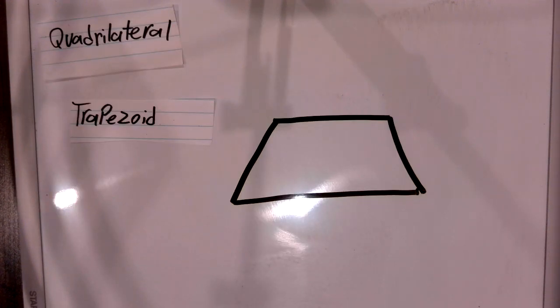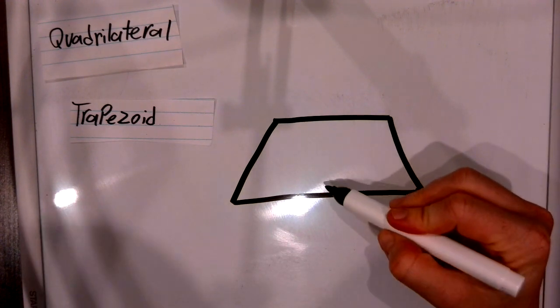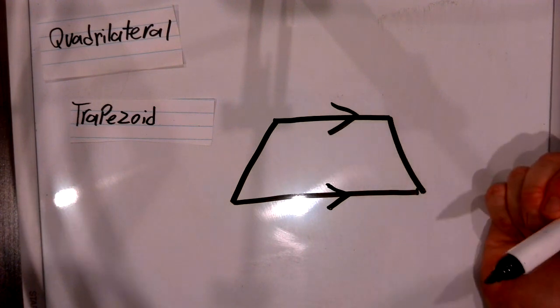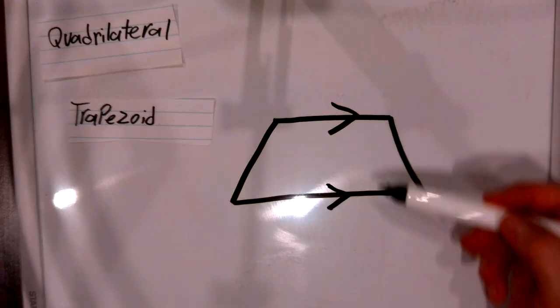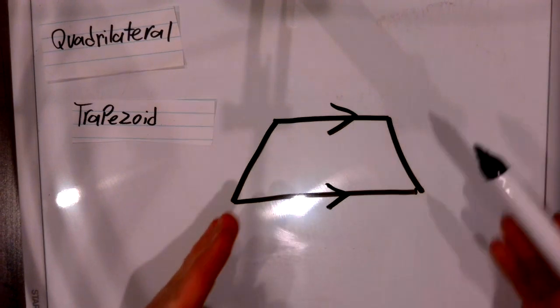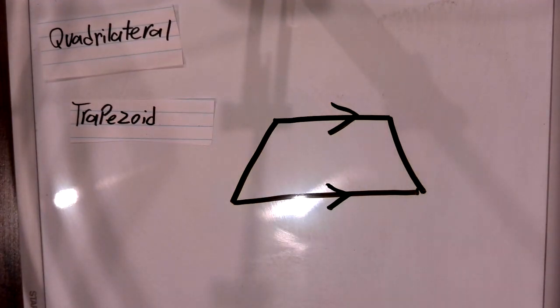A trapezoid is a quadrilateral with four sides, one pair of sides that are parallel. When lines are parallel, we mark them so that we know that they're parallel. These two lines are parallel, but these are not. These lines will eventually touch each other if they continued.